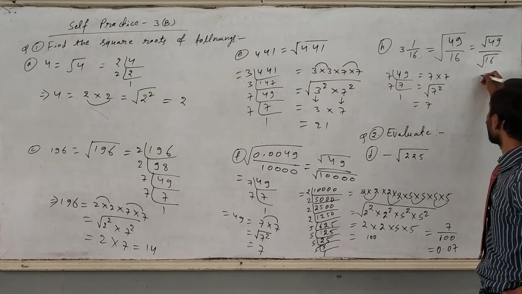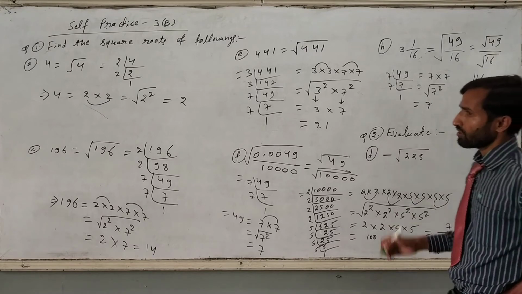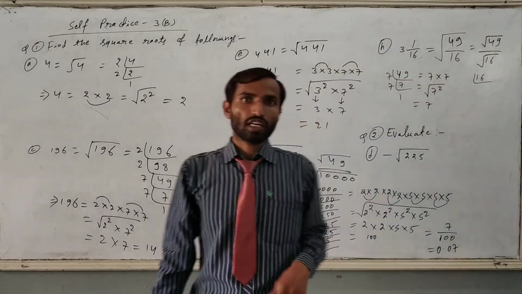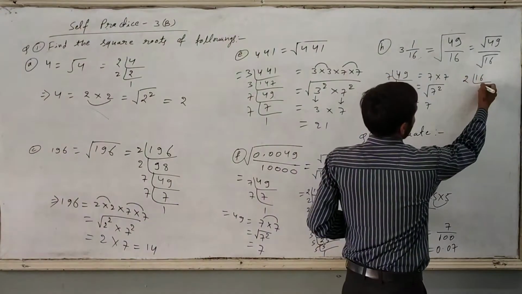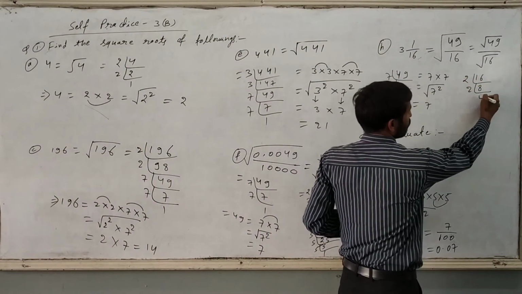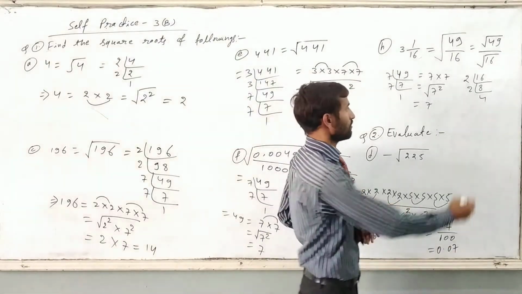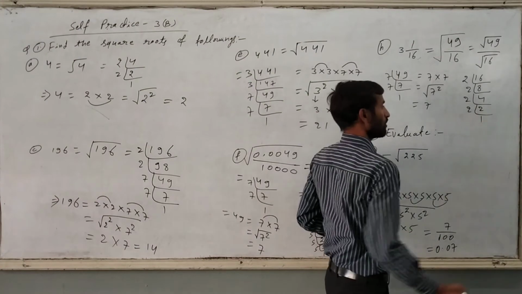Now we have to find the square root of denominator, that is 16. So we have to factorize first of all. It is an even number, so we can divide by 2. So 2 you can divide, 8 will come, then again divide, so 4 will come. Again we can divide by 2. Again we can divide by 2. Then it will become 1.